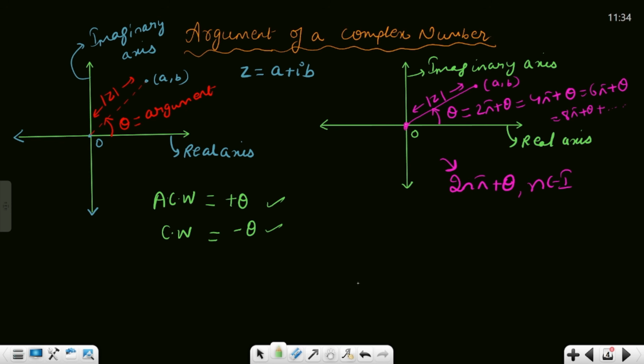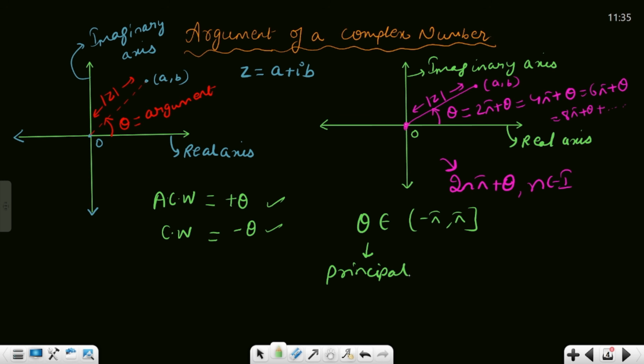So argument can be infinite, but when I remove this 2n pi, this theta will lie in the range minus pi to pi, which is basically the principal argument.